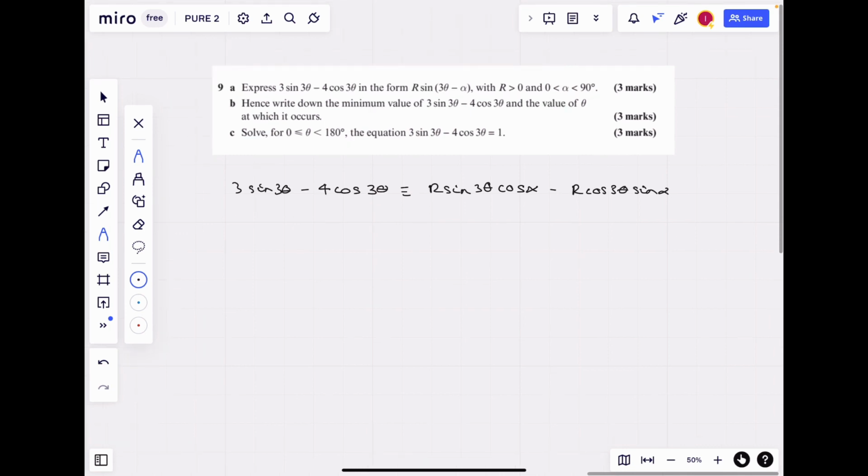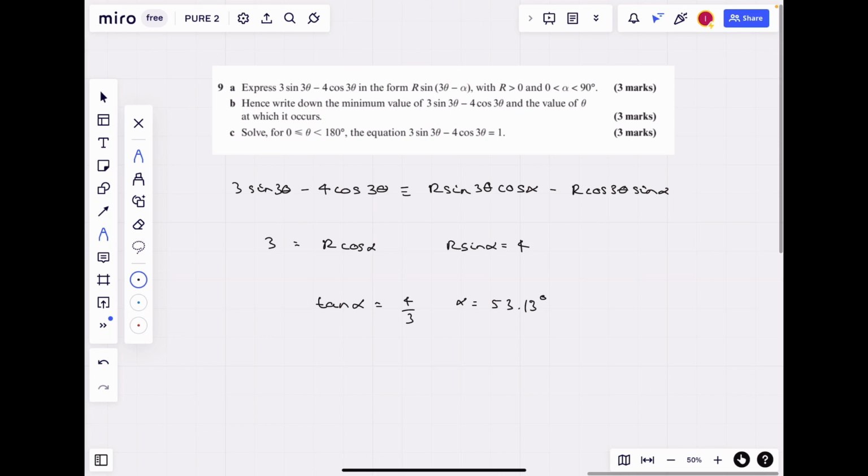We equate the coefficients. 3 equals r cos alpha and r sine alpha equals 4. We get tan alpha by dividing them, 4 over 3. So that means alpha is 53.1 degrees. Let's go 2 decimal places, 53.13.